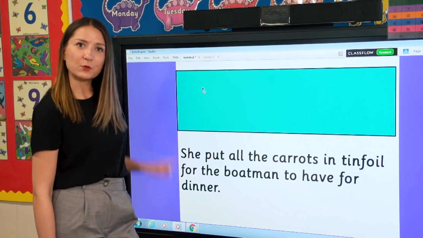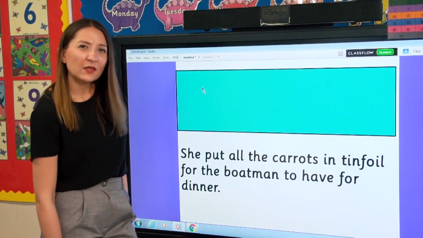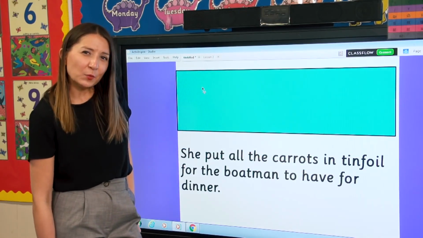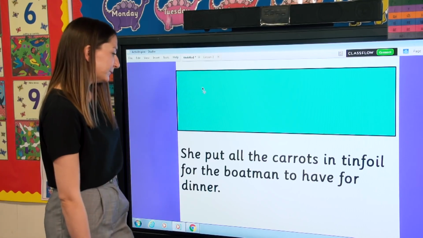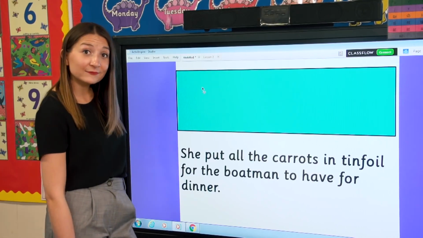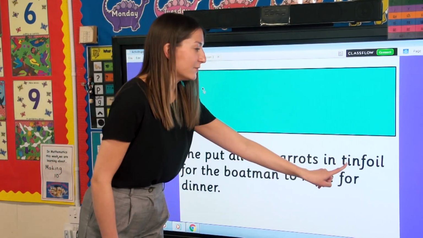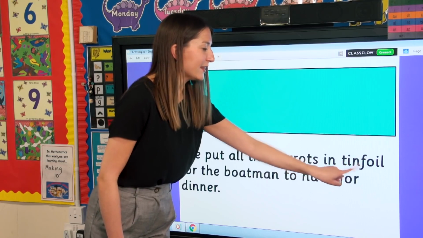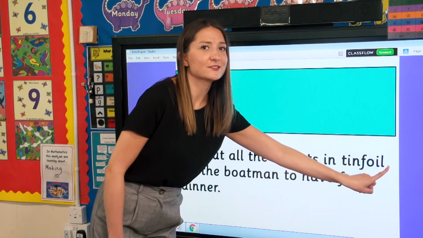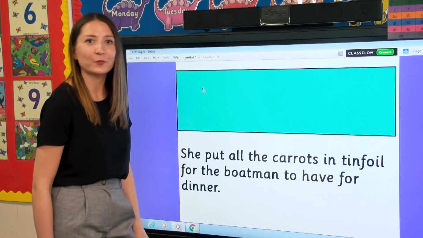Let's have a look at this one. Can you see a compound word in this sentence? Yes, this is a compound word because there are two words put together to make one word. Can you see any other compound words?